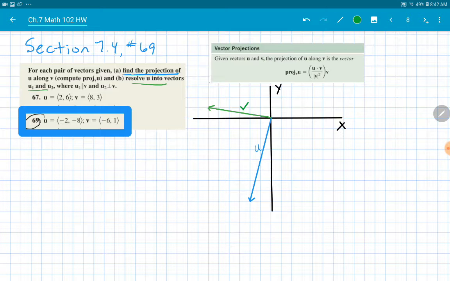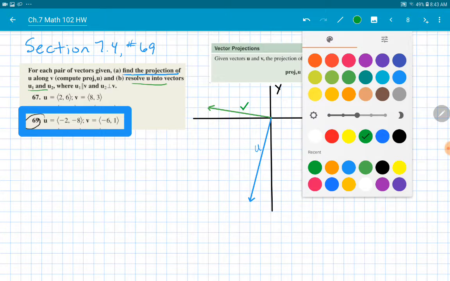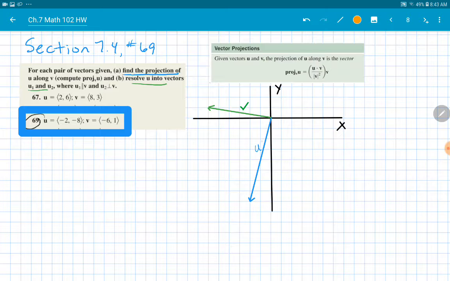So now the projection of u on v means start at the tip of u and go perpendicular to v, and this distance right here, that vector right there, is a very, very tiny vector.